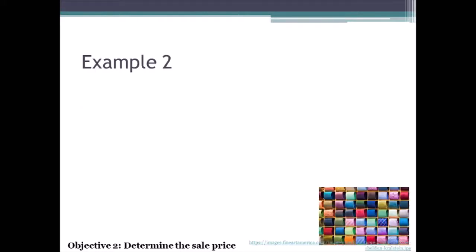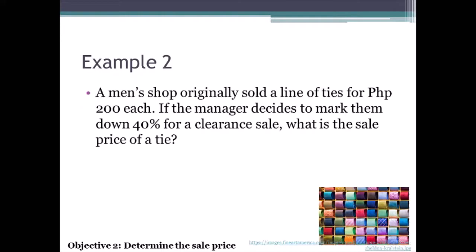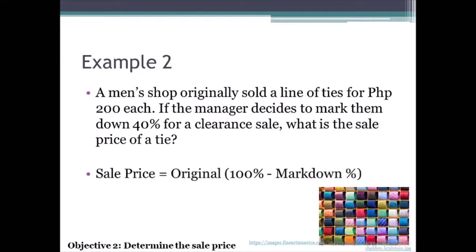Example number 2. A men's shop originally sold a line of ties for 200 pesos each. If the manager decides to mark them down 40% for a clearance sale, what is the sale price of a tie? So sale price, the formula, is the original price multiplied by the difference of 100% and the markdown rate.